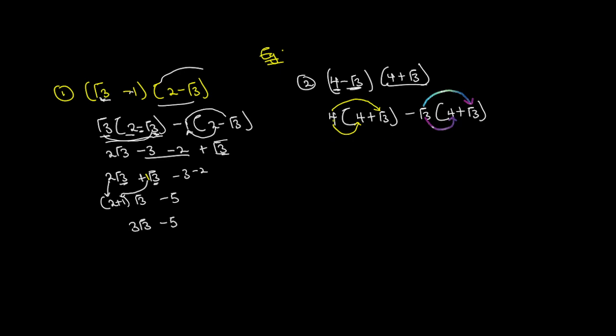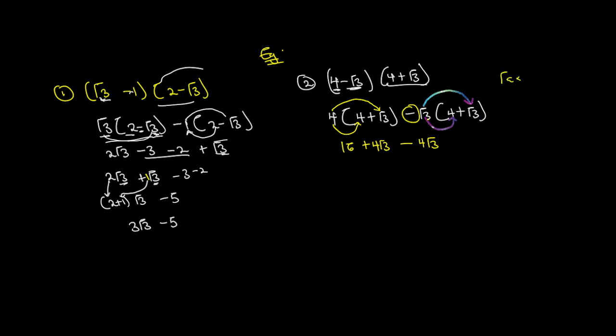Okay, so let's do 4 times 4 is what? 16. Sorry for changing the colors. I just want you to understand. And then 4 times root of 3 is what? 4 root 3. Minus root of 3 times 4 is minus 4 root 3, right? Minus root of 3 times minus root of 3. Remember, you neglect the sign for now. What is root of 3 times root of 3? It's the same number.